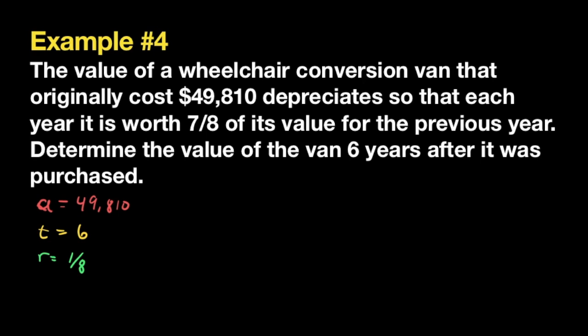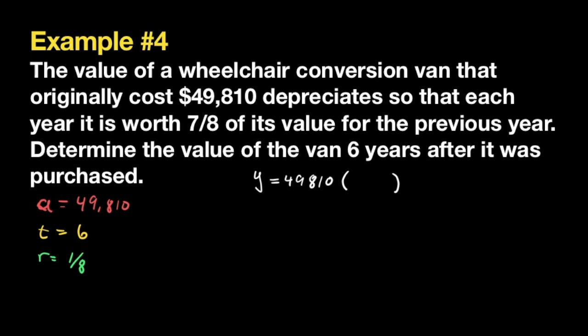So we can actually rewrite this problem slightly differently than the previous one, because we can write it as 49,810, but the 1 is actually 100% of the value, and the rate that you're adding or subtracting is how much is dropping. So in the previous problem, you had a 1 minus 0.12, which is the same thing as 0.88.